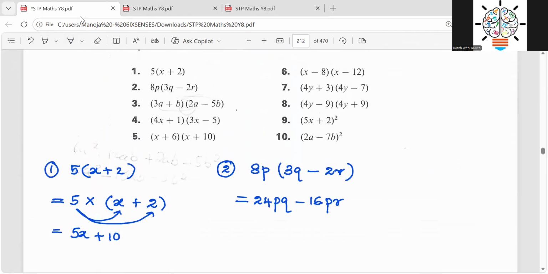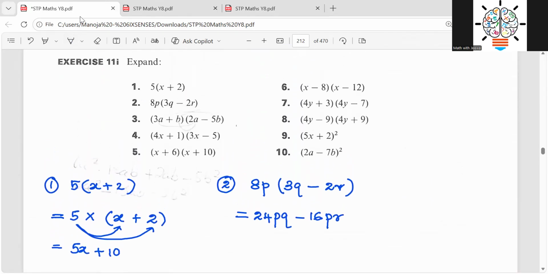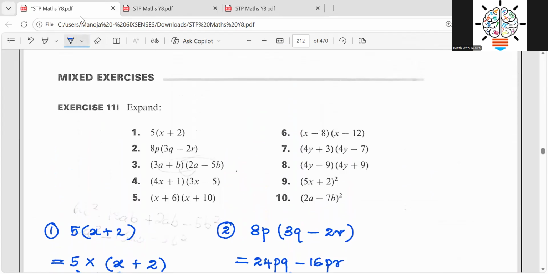So then we will move to the third question. Before moving to the third question, I prefer to do question number 6 here. It is simple: you have two brackets, x minus 8 and x minus 12. Children, when you have something like this, you take the first item of the first bracket and multiply it by the items in the second bracket. First, x times x, what is the answer? x squared.